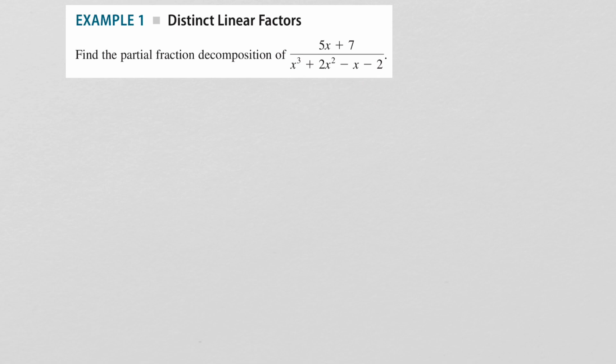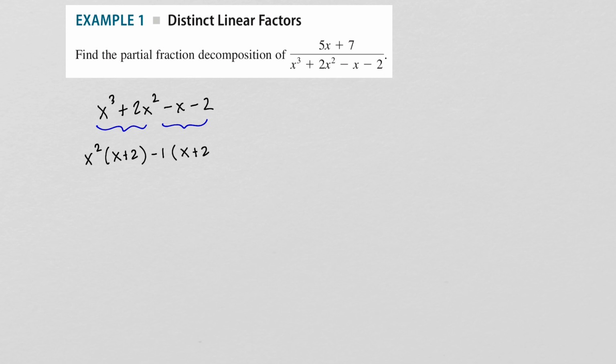The first thing we need to do to find the partial fraction decomposition is factor the denominator. So we have x cubed plus 2x squared minus x minus 2. You can use synthetic division to factor this, or in this case, we can just factor by grouping. If I pull an x squared out of the first 2, and then pull a negative 1 out of the second 2, you can see that we have a common factor of x plus 2, and that leaves us with x squared minus 1.